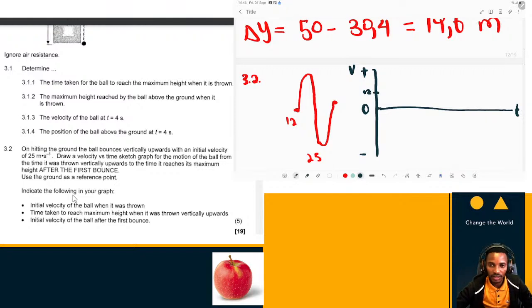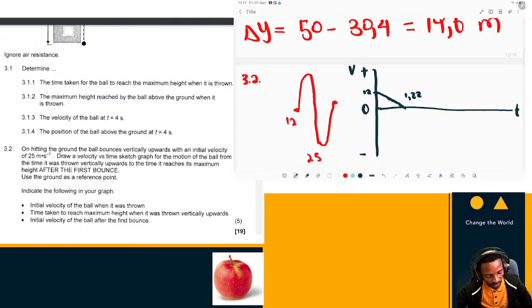So the ball started at around 12 meters per second with a positive velocity. Then its velocity started to decrease until it reached maximum height, where the velocity is 0. So we're going to have something like that. But it reached this maximum height after 1.22 seconds, so we need to show that.